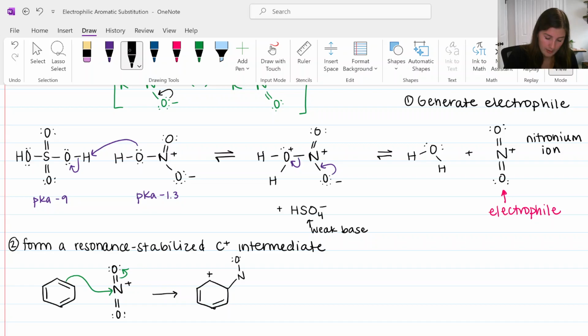Just to follow my reaction arrows from the previous step, that's where the negatively charged oxygen would be. And then let's not forget we have a hydrogen on every carbon. So this is another resonance stabilized non-aromatic intermediate.